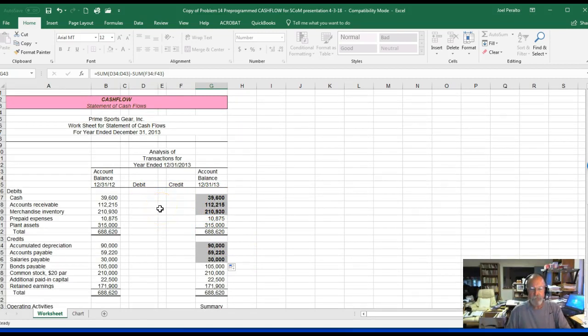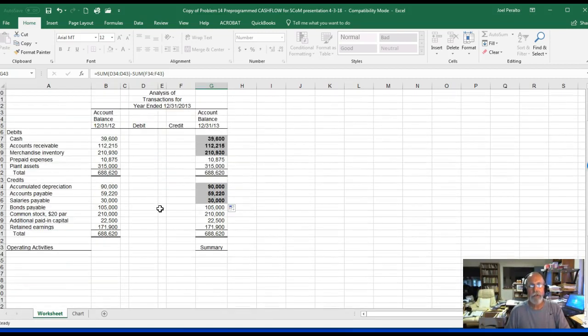Now, if we take a look at the additional data in the textbook, working with this additional data is probably the most challenging part of putting this cash flow worksheet together. And so we just take it one item at a time. And so towards the bottom of page 83, additional data A, net income for 2013 was $121,610.